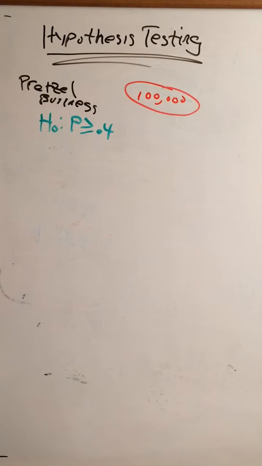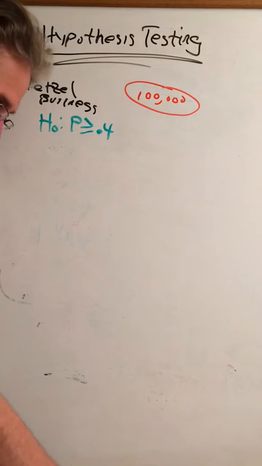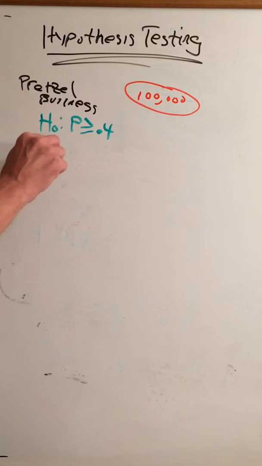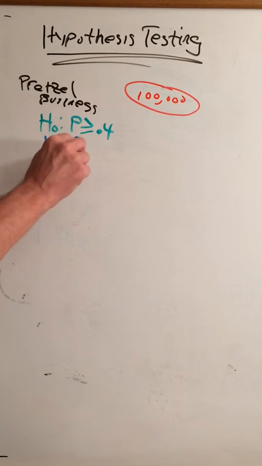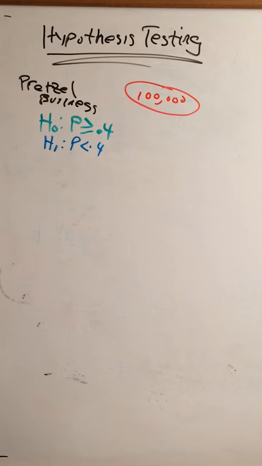They believe, and have strong evidence, that this would happen. The alternative would be less than 40%, and that would be bad. That would not be good for opening the business.